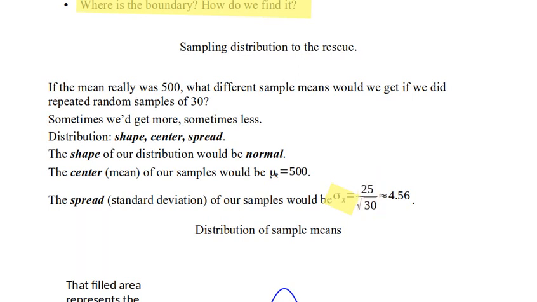So earlier I was saying that the standard deviation for a single battery is 25 days. But the standard deviation of the sample means is only 4.56 days. And that's because, remember, we're dividing it by the square root of n, and in this example, n was 30.